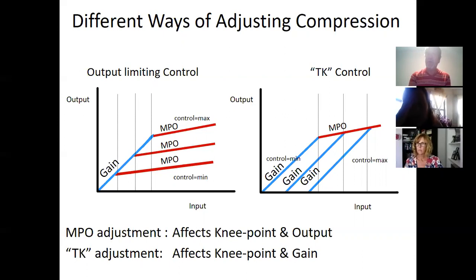Sometimes your software will automatically do this for you. Sometimes it won't. So just know, in theory, your MPO really should be around 15 dB higher than your UCL, essentially.